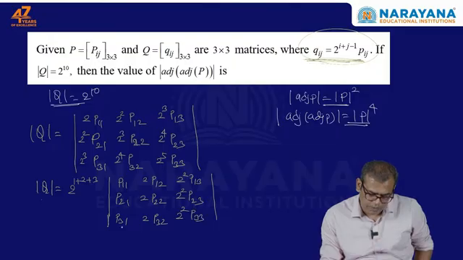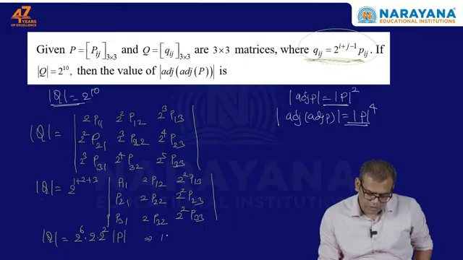So again, determinant of Q is equal to 2 to the power 6. Again 2 will come common from the second column, and 2 square will come common from the third column, and then the determinant of P will be left.